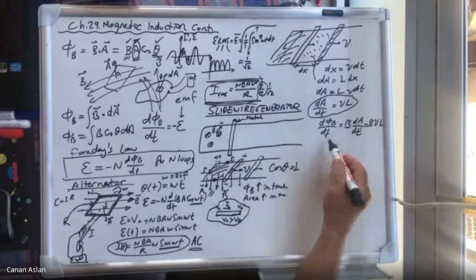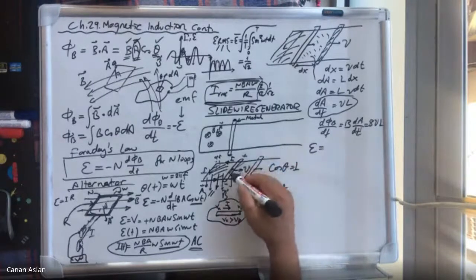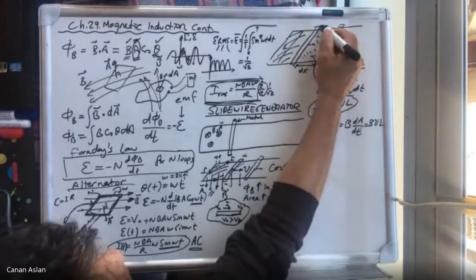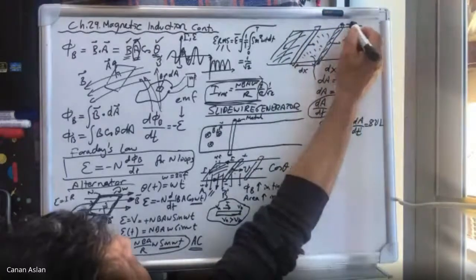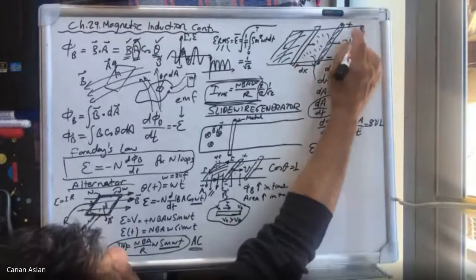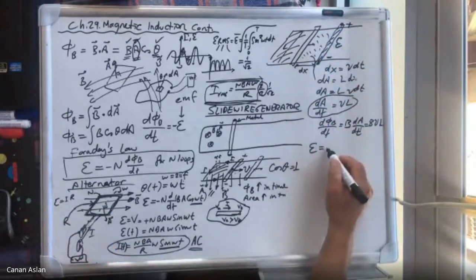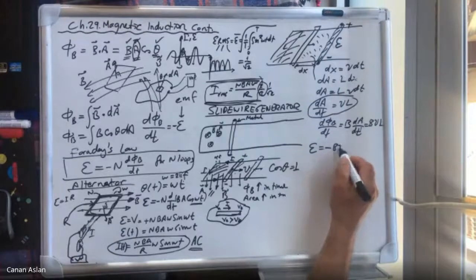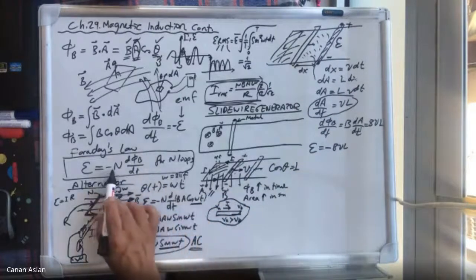And now if it is so, then the electromotive force or the potential difference between the two points, this point and that point, since this is plus and minus, epsilon is created, and this epsilon is given by minus BvL, okay, because of this minus sign. Remember that we add this minus sign.